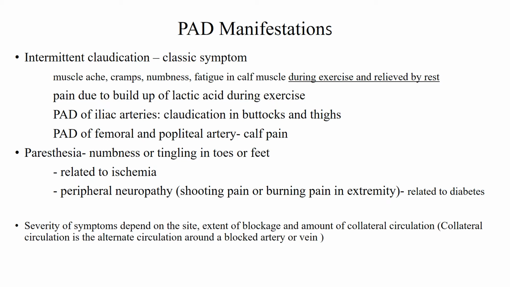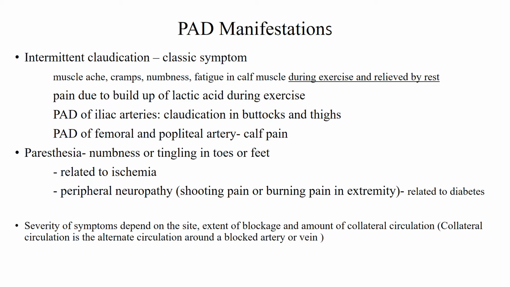So a classic symptom of peripheral artery disease is intermittent claudication, pain, and if the involvement is in the iliac arteries, so peripheral artery disease involving iliac arteries, the claudication may be located in the buttocks and the thighs.